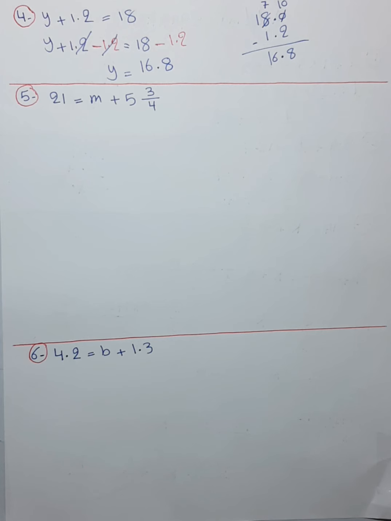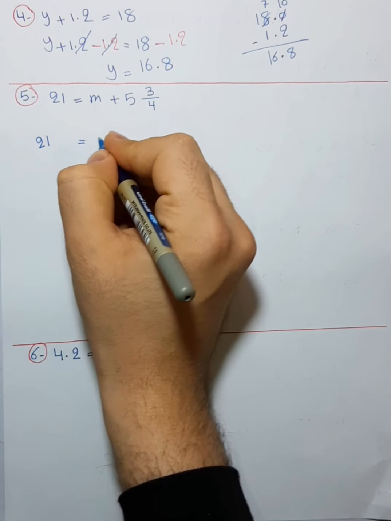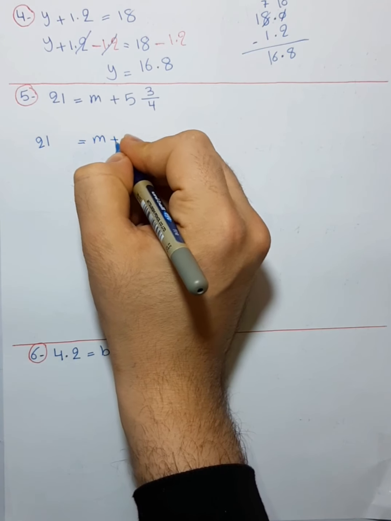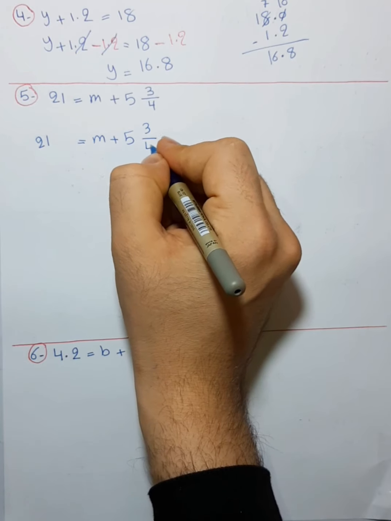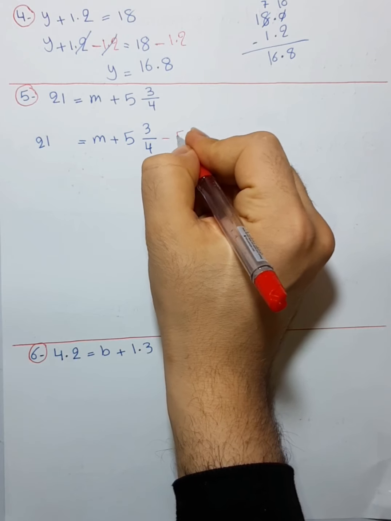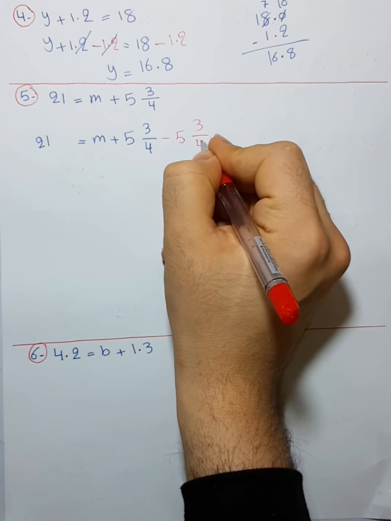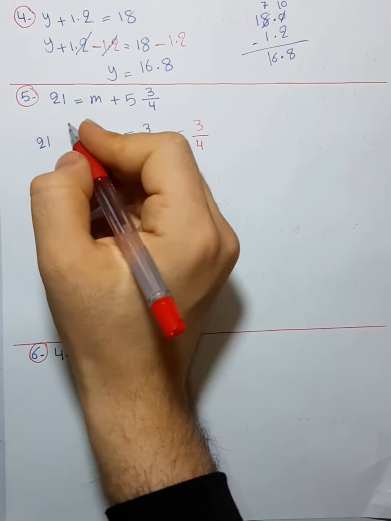Example number 5, we have 21 equal to m plus 5 and 3 out of 4. We have to take the inverse of positive 5 and 3 out of 4. So 21 equal to m plus 5 and 3 out of 4, minus 5 and 3 out of 4 for both sides, left and right.